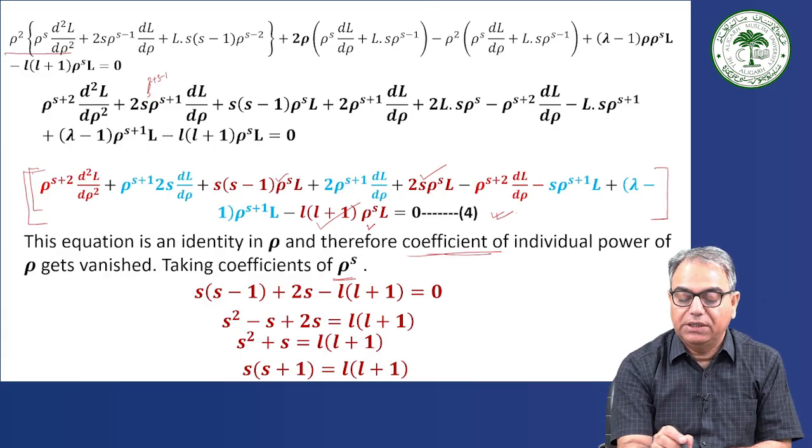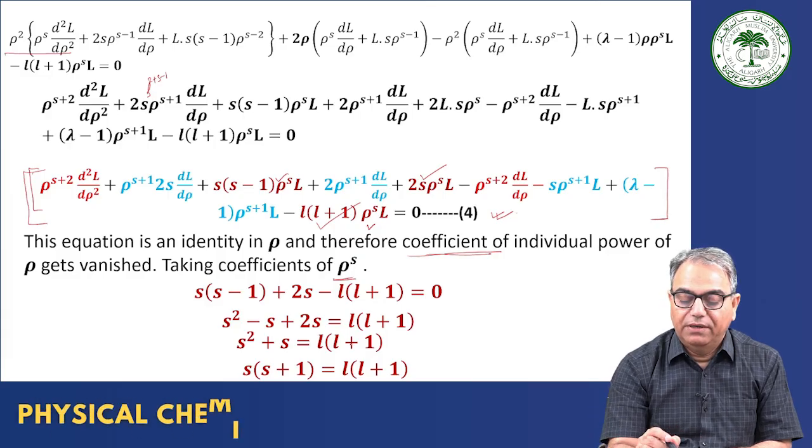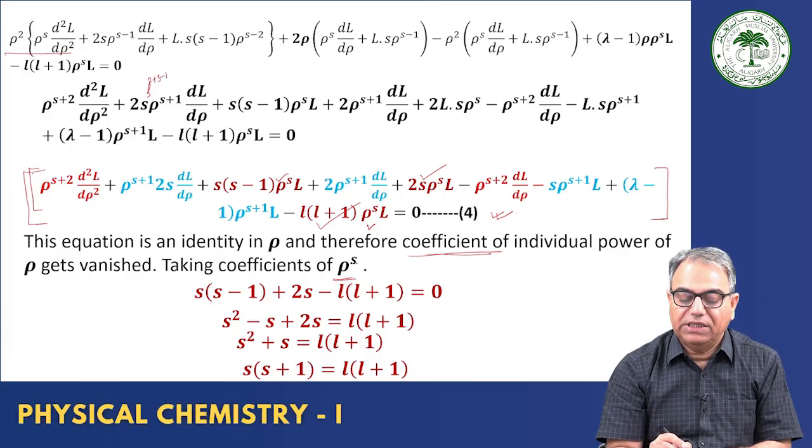For rho raised to the power s, the coefficient is this one. Since the equation is an identity in rho, all coefficients of individual powers of rho must vanish so that the equation becomes equal to 0. I have taken only one example, rho raised to the power s. So we can write s into s minus 1 plus 2s minus L into L plus 1.